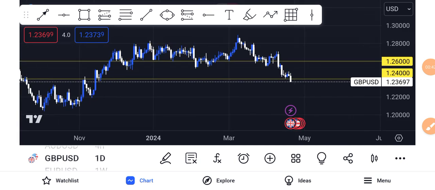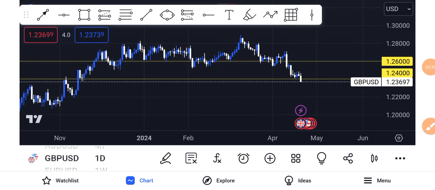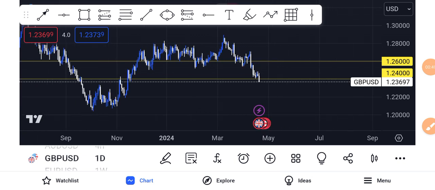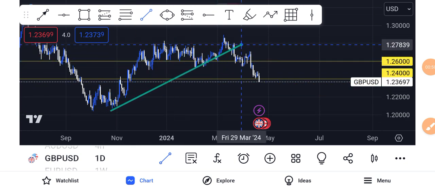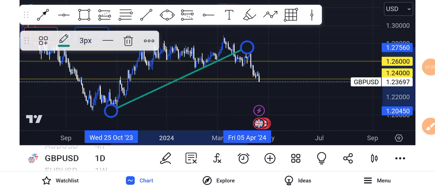All right guys, so as you can see, the market was making some higher highs and higher lows from here all the way to this point.